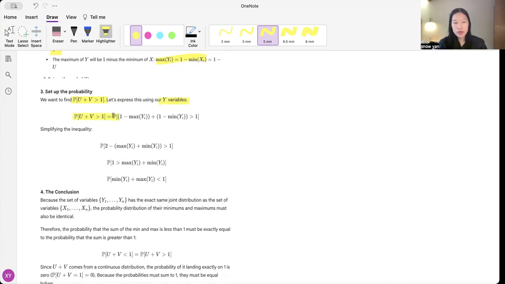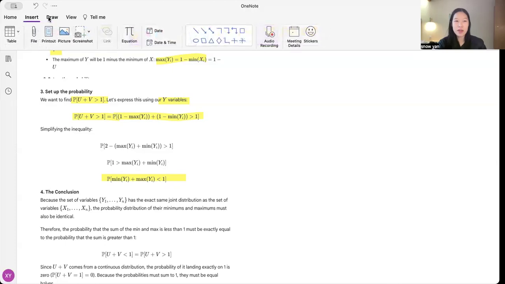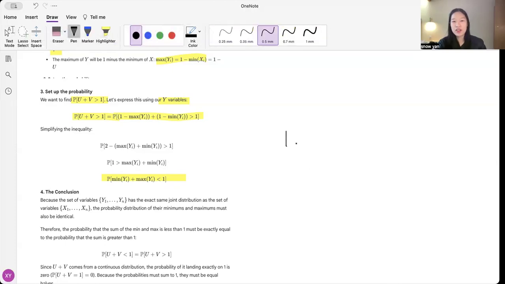In terms of y, it would be 1 minus the maximum of y plus 1 minus the minimum of y is greater than 1. We rearrange this inequality and get that the minimum plus the maximum is smaller than 1. This basically means we partition the probability into two halves, either smaller than or greater than.